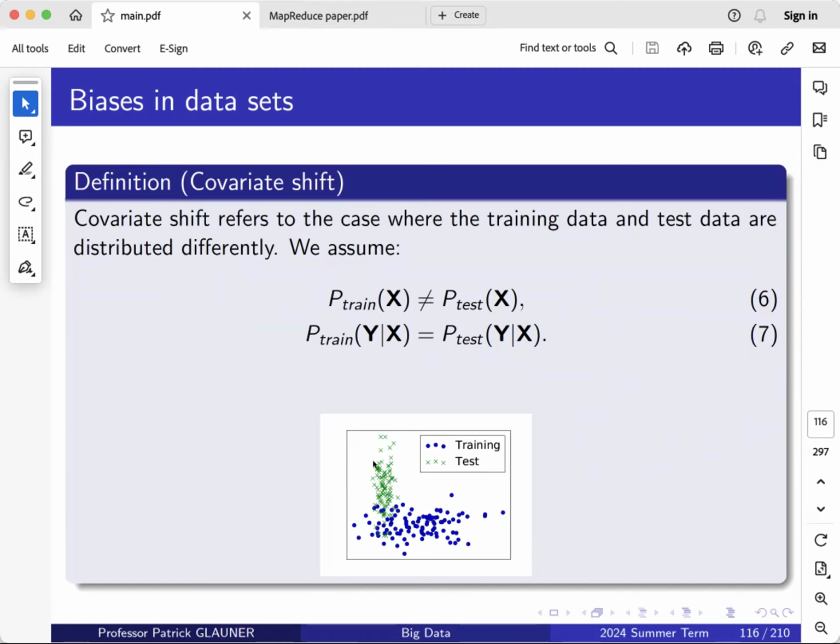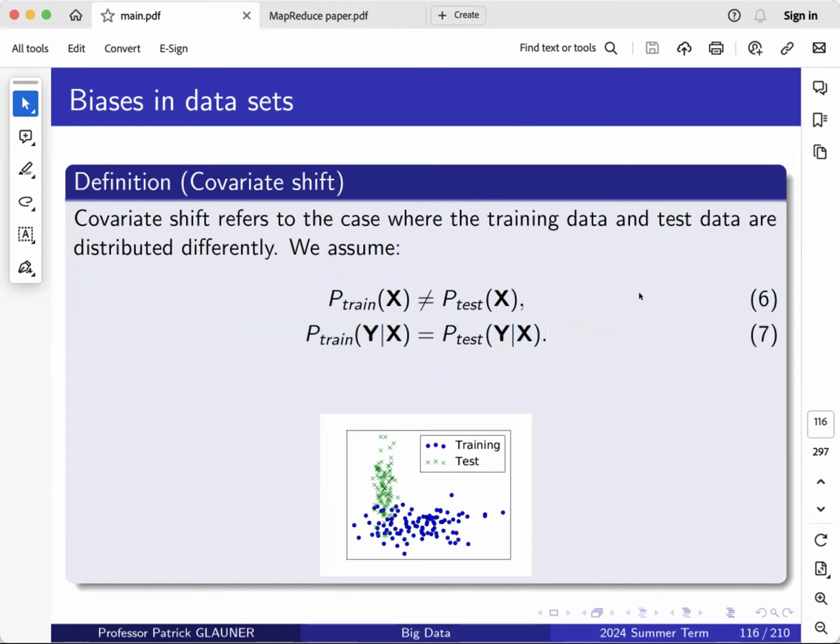And we can also describe the covariate shift in terms of our framework. We can say the distribution of the training and test data, so just the input data, X, is different. But we assume that the conditional probability distributions for the label given the data, so Y given X, is the same for training and test.